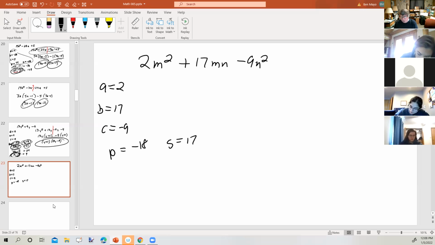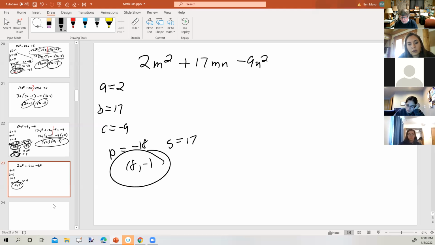Okay, product is negative. So we've got to have a positive factor and a negative factor. But the sum is positive. So the positive number has to be bigger than the negative number, right? How about a big positive and a little negative? Bingo, there they are. 18 times -1 is -18. 18 plus -1 is 17.